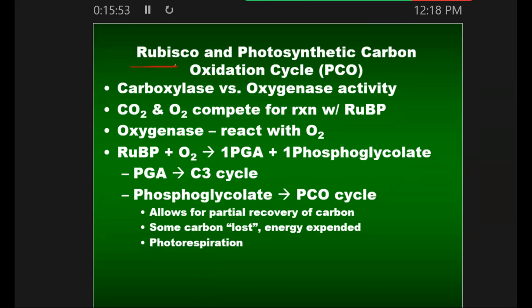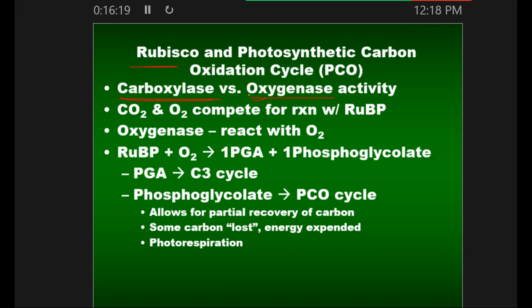And then the C stands for carboxylase. And the O on the end stands for oxygenase. So it's a huge mouthful when you say Rubisco in full instead of using the acronym. Rubisco is ribulose 1,5-bisphosphate carboxylase oxygenase. That's a huge mouthful. So now you know why they use an acronym.